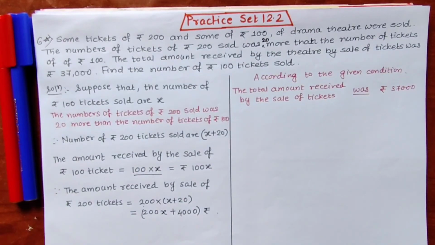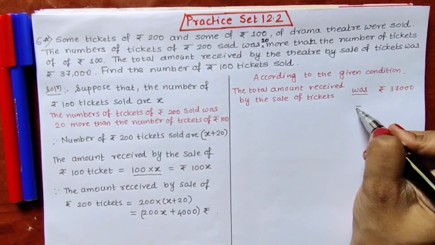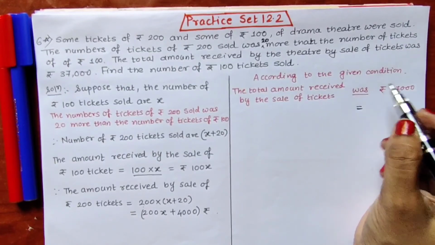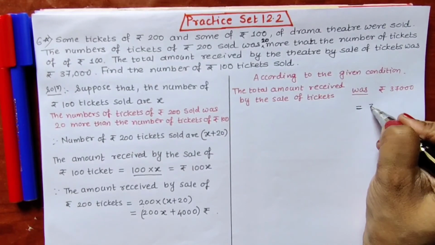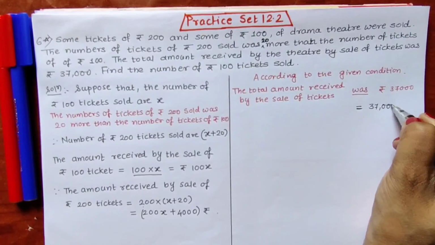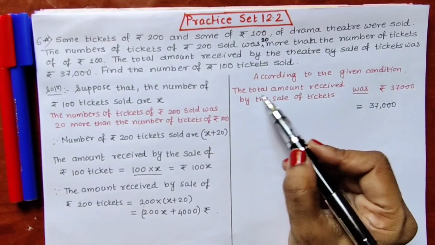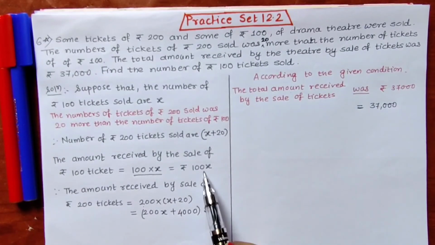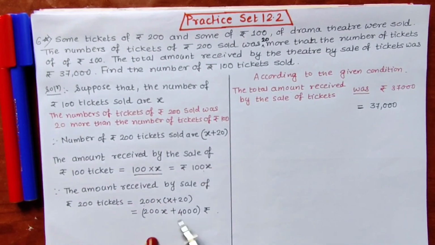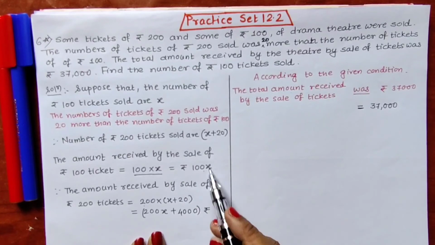Was always means the equal to sign, like is, was, has, had, have. On the right hand side there is 37,000. On the left hand side what should be there? The total of 100 rupee tickets amount and the total of 200 rupees tickets amount. That means we have to add these two amounts.